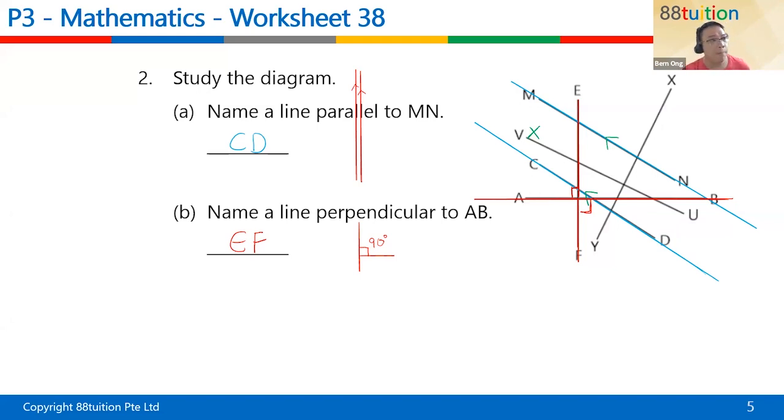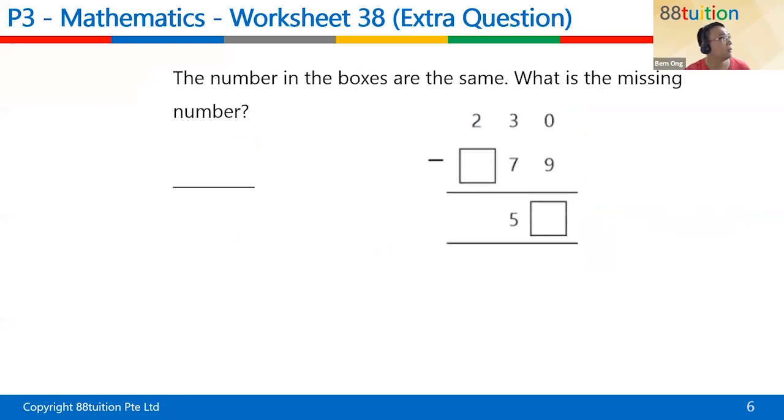Okay, come. So one more extra question coming up for you. Can you all please take a look at this question? Check this out. All right. Please give me the answer in the chat when you're ready.